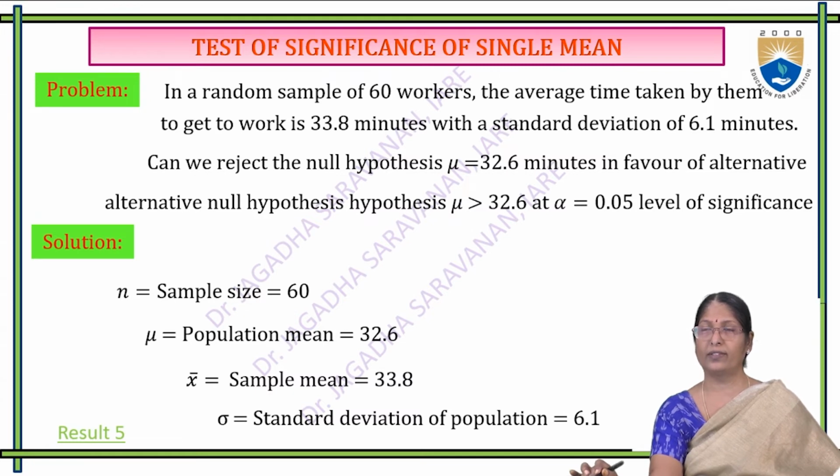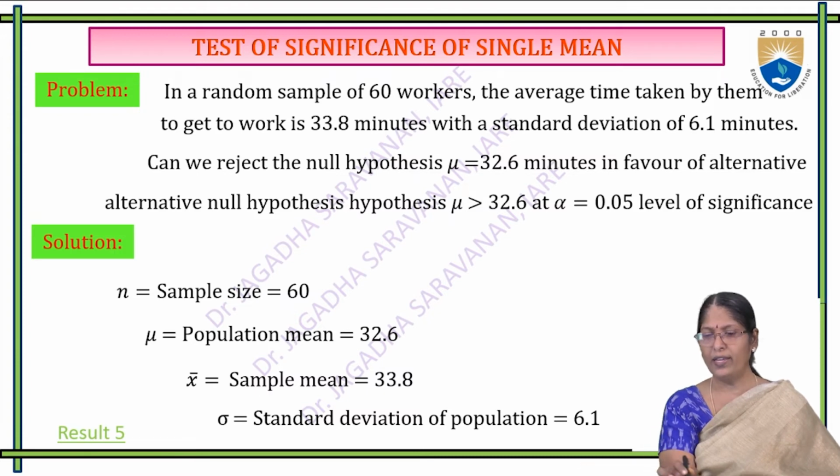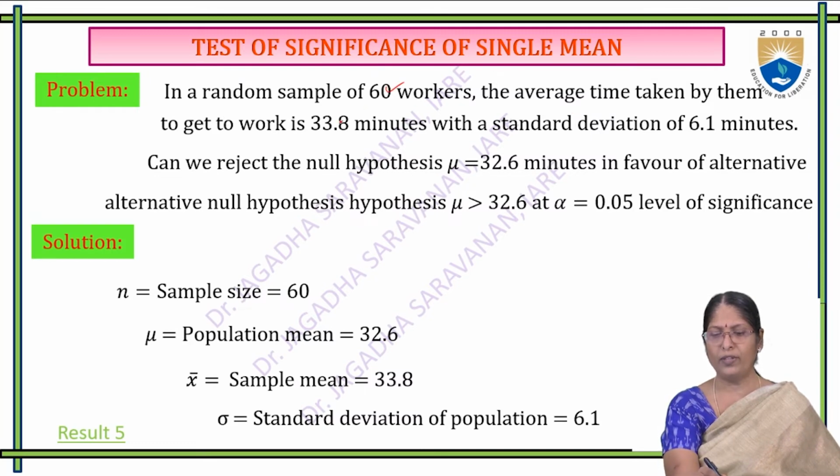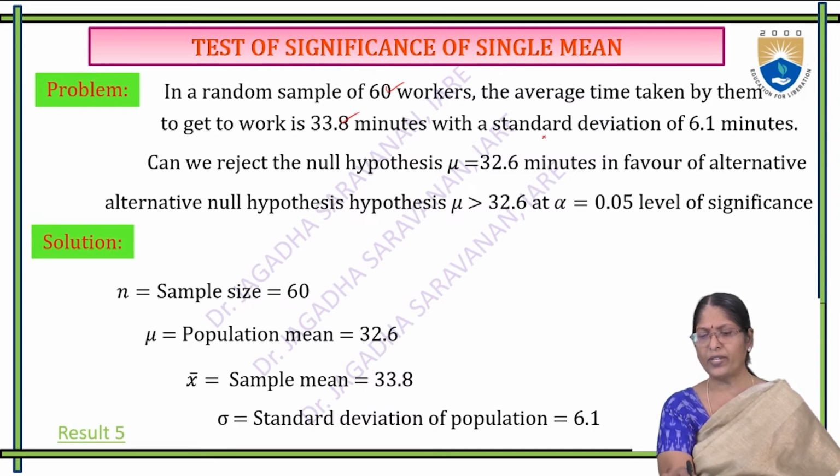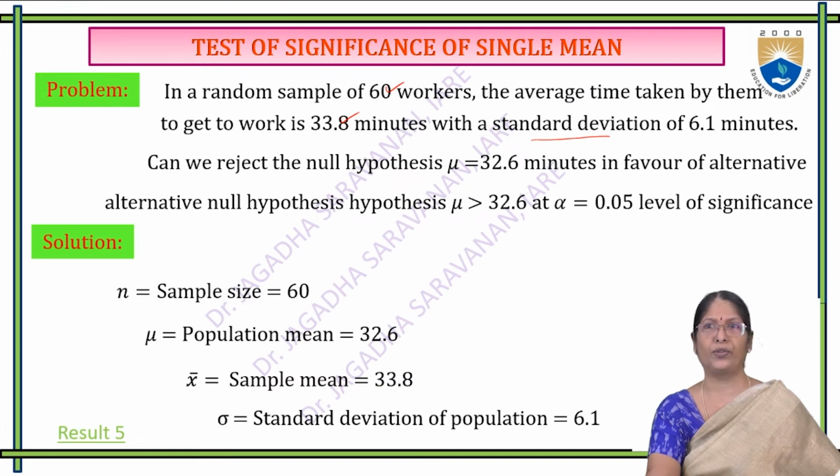With the standard deviation, it is in the same sentence, so it is not a population value. That is the reason we have to read very carefully. This is the sample mean, and the sentence continues, so how can we say this is the population standard deviation? We can say this is the sample standard deviation.